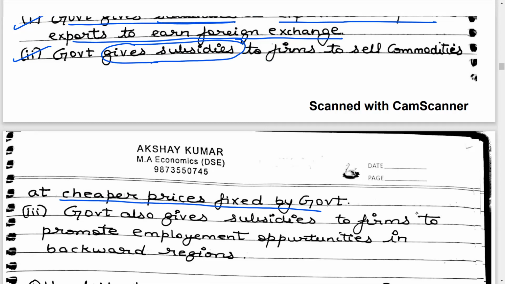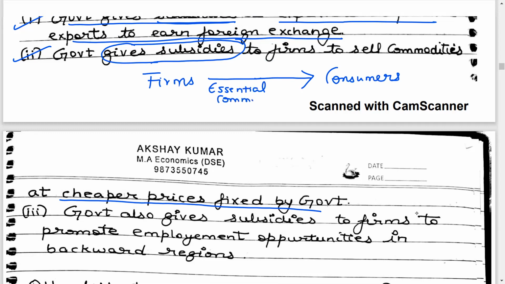So the firms are selling certain essential commodities to the consumers. Essential commodities are wheat, rice, kerosene, the basic commodities.